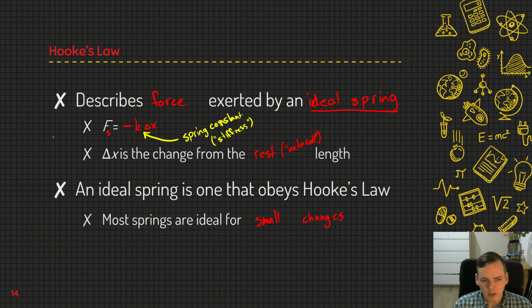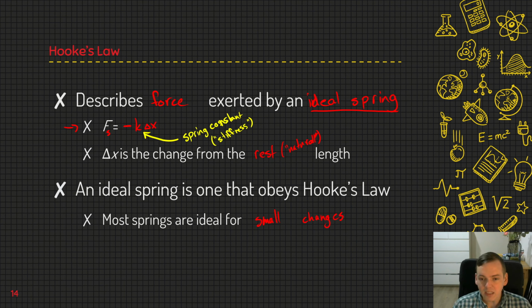And if we look at Hooke's law, that F_s equals negative kx, you'll notice if I were to make the spring longer, in other words, if I were to stretch it in the positive x direction, which direction is the spring going to pull? In the negative direction. If I compress it and pull it in the negative x direction, then the spring is going to push back in the positive direction because of that negative sign.